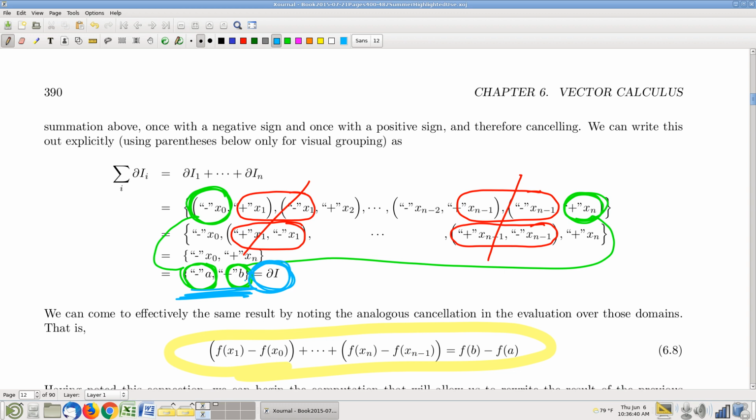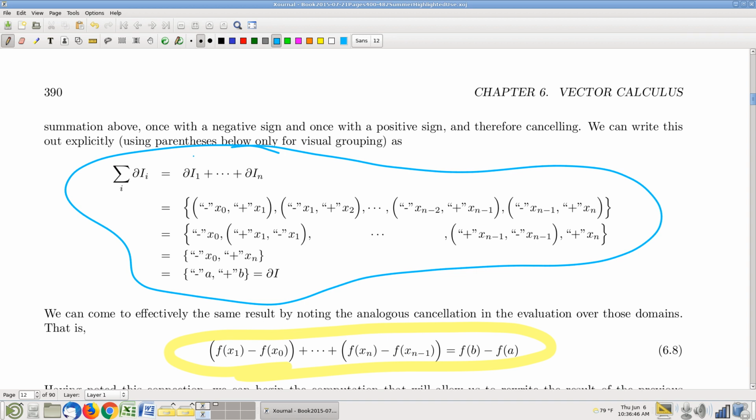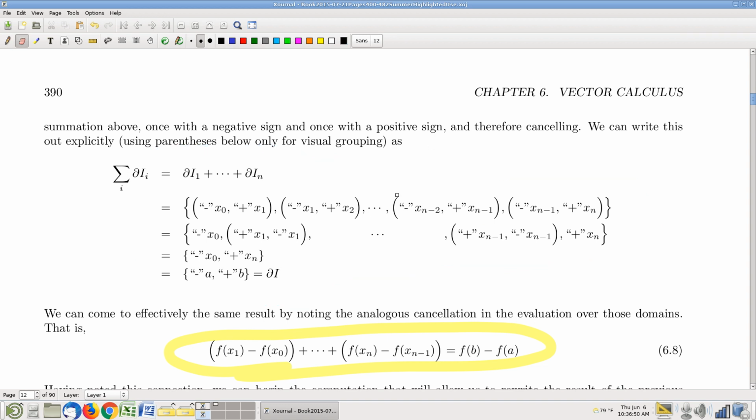Here's another way to write it. I wrote it from the point of view of domains and boundaries and orientations there. But the algebra, if you just take f of this entire thing, just apply the function, and keep in mind, the arithmetic on domains just means what happens in the arithmetic after you evaluate things. Right? The arithmetic's the same.